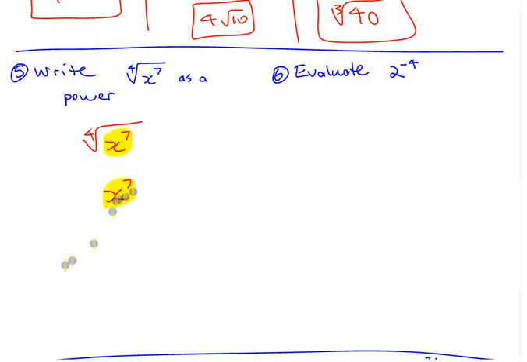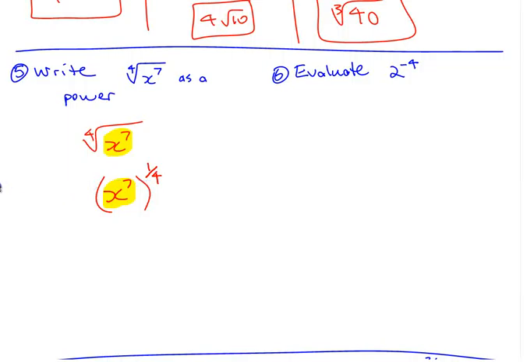That thing that's in yellow, if you have the 4th root of that thing, how can you write that as a power? 4th root of something is the same as something to the power of, it's a fraction, 1/4. Okay, we need to know that. 4th root is the same as to the power of 1/4.